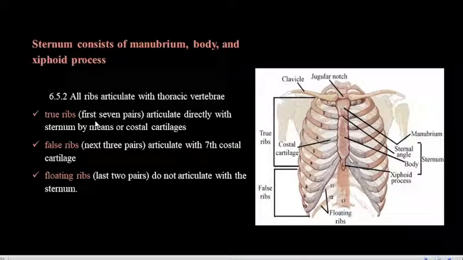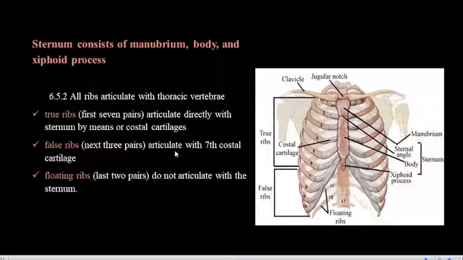Ang true ribs natin is the first 7 pairs, 1 to 7, and they articulate, connected sila directly sa sternum by means of costal cartilages. So, ayan hanggang 7, lahat sila nakakonekta sa sternum. It is followed by the false ribs or the next 3 pairs, the rib number 8, 9, and 10. So, false sila, why?